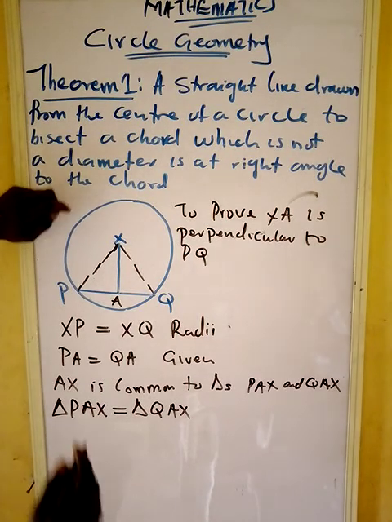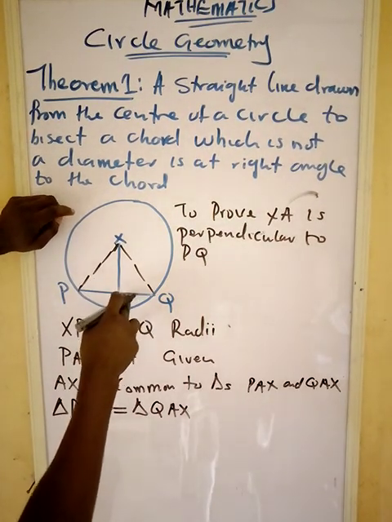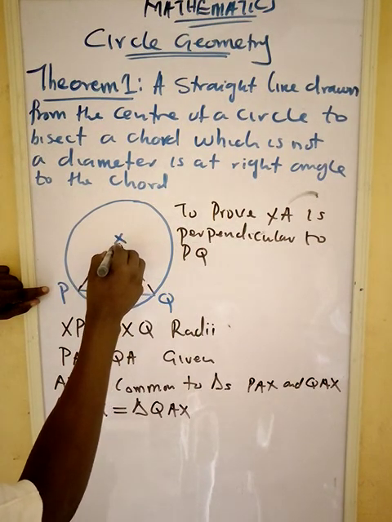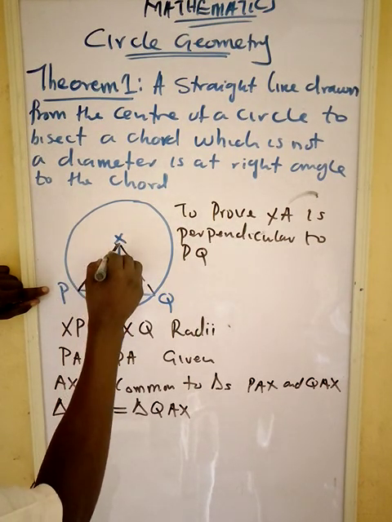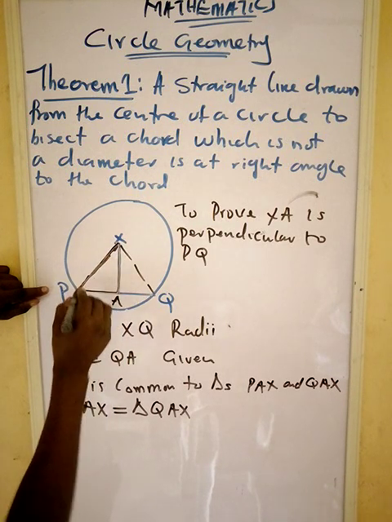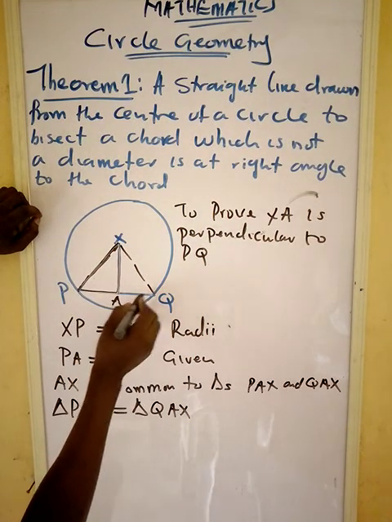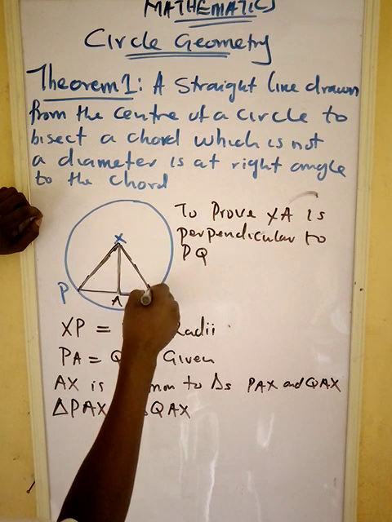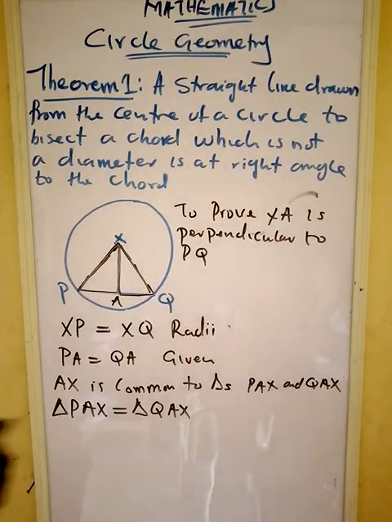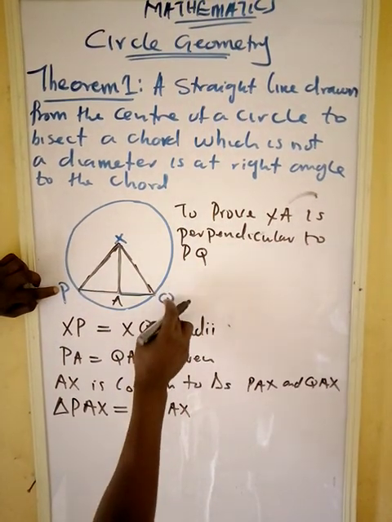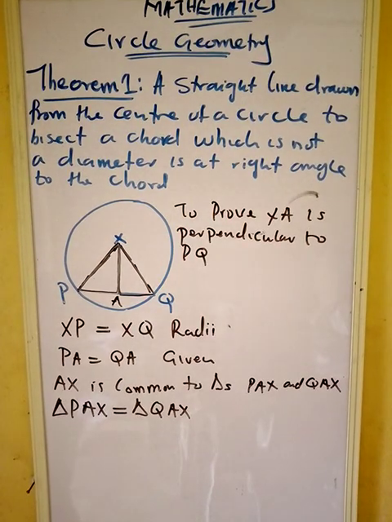Look here, AX is common to angle PAX. This is one angle here, angle PAX, and angle QAX. So if that should be the case, that means our PAX is equal to what? QAX.